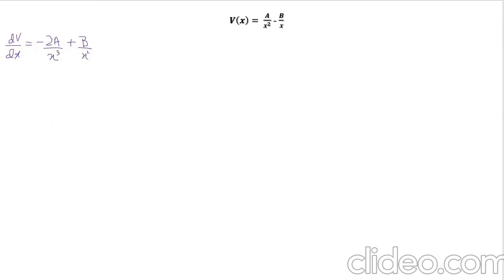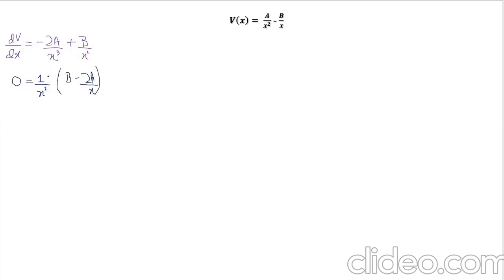Now in the second step, we will substitute this derivative equal to 0 and determine the value of x. Now 0 is equal to, from the right hand side, we take 1/x² common. Inside, there remains b − 2a/x.